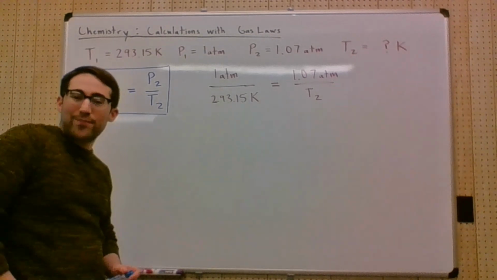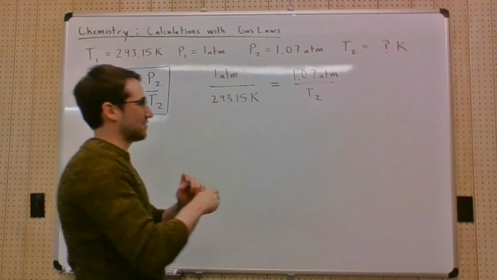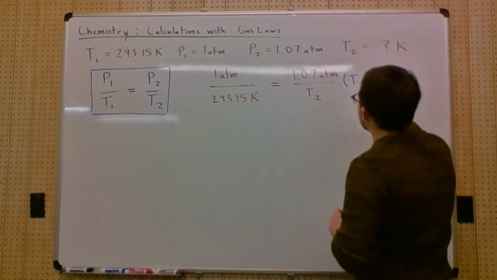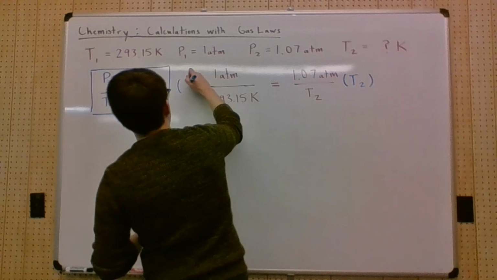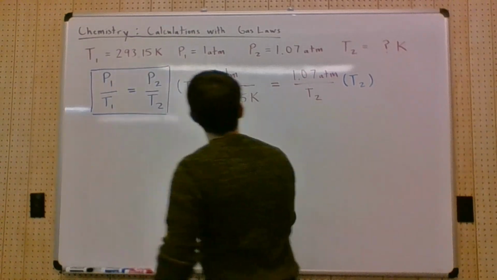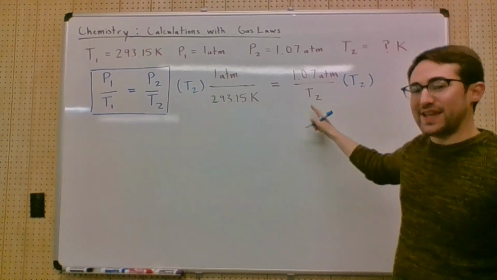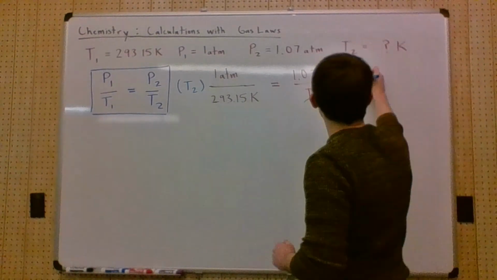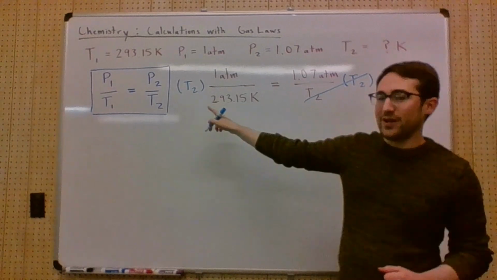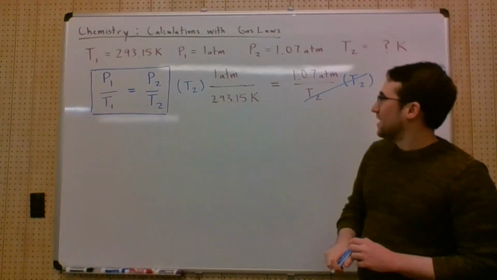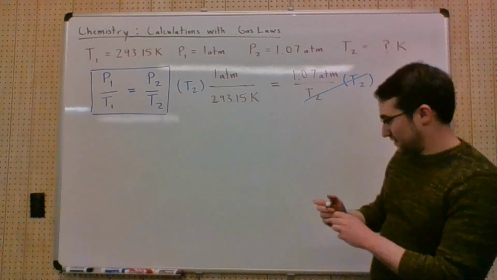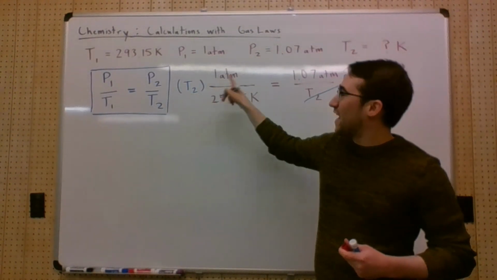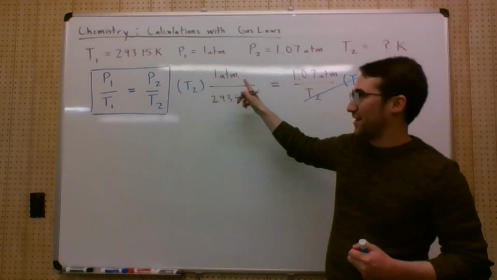So if I multiply both sides by T2, right, I should be able to cancel off the T2 from the right side. And now it'll be up on top on the left side. So I'm going to rewrite this, where my T2 times my 1 atmosphere is going to be on the top of the left side.